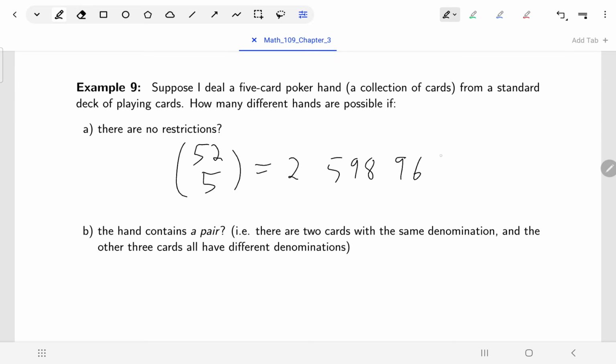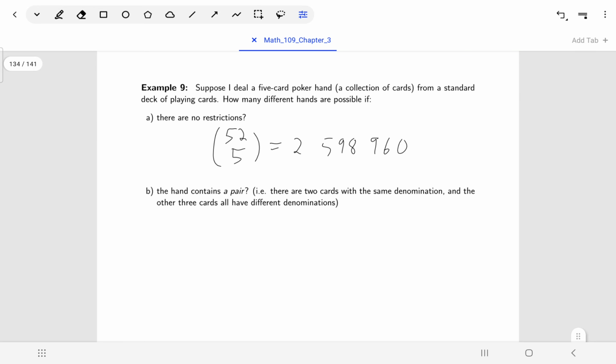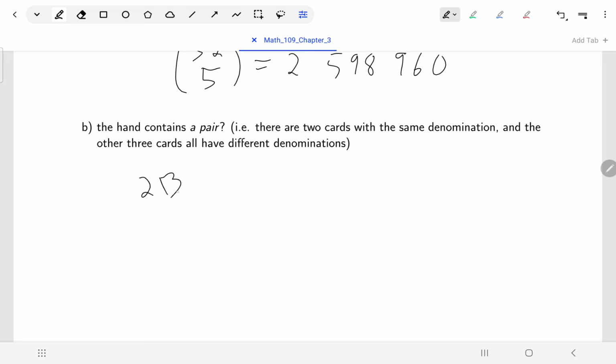Okay, so now let's get into ones where we do have restrictions. First one, we're looking for selecting a pair. To have a pair, you have 2 cards with the same denomination, same rank, and the other 3 are all different. I'm going to give an example of a pair. Might be you have a 2 of hearts and a 2 of diamonds.